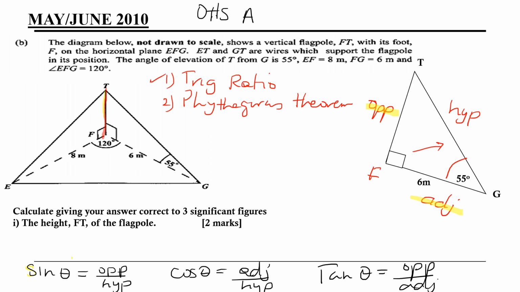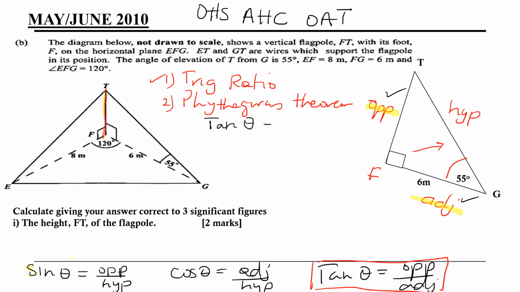SOH, CAH, TOA. Okay, so we recognize that we're taking the opposite and the adjacent, so that is tan. So we're going to write tan theta.